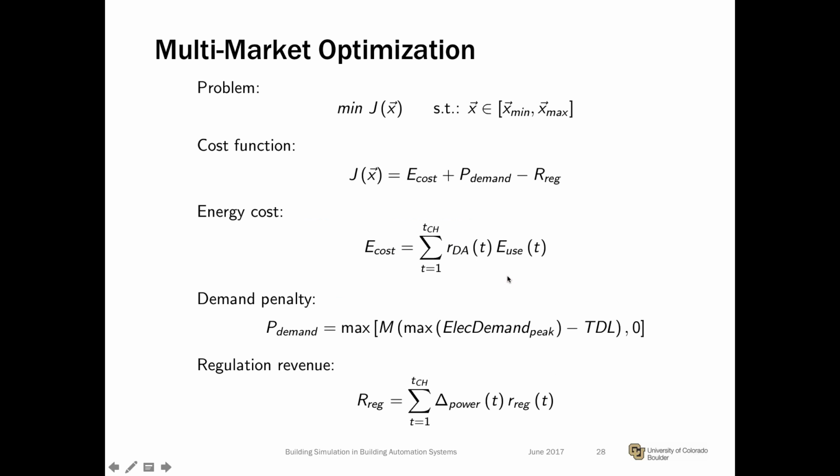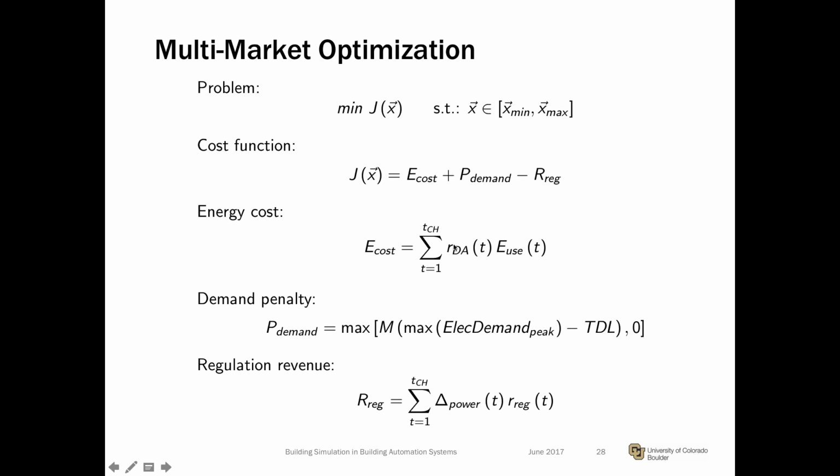So the multi-market optimization then involves minimizing a cost function J, which has 3 components. It has a component for the energy cost, for demand penalty, and it has a negative revenue for regulation services, the frequency regulation services we can provide.